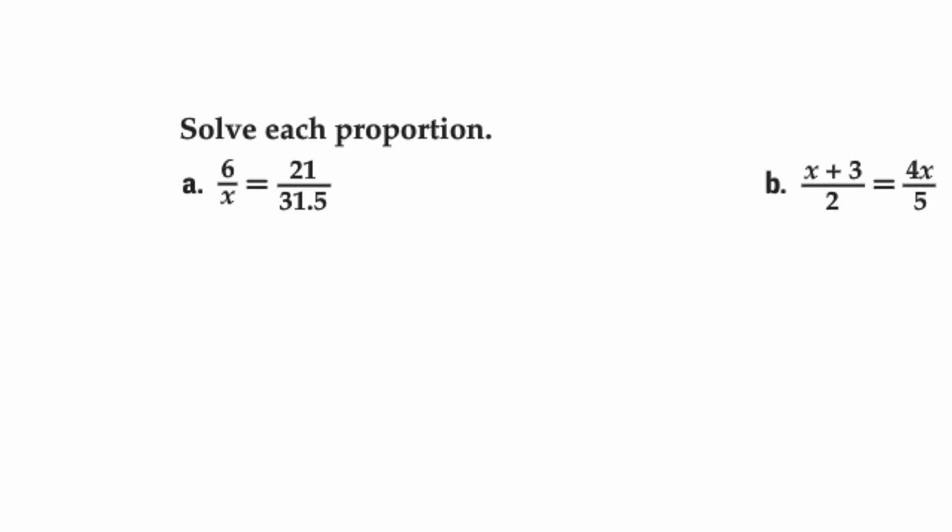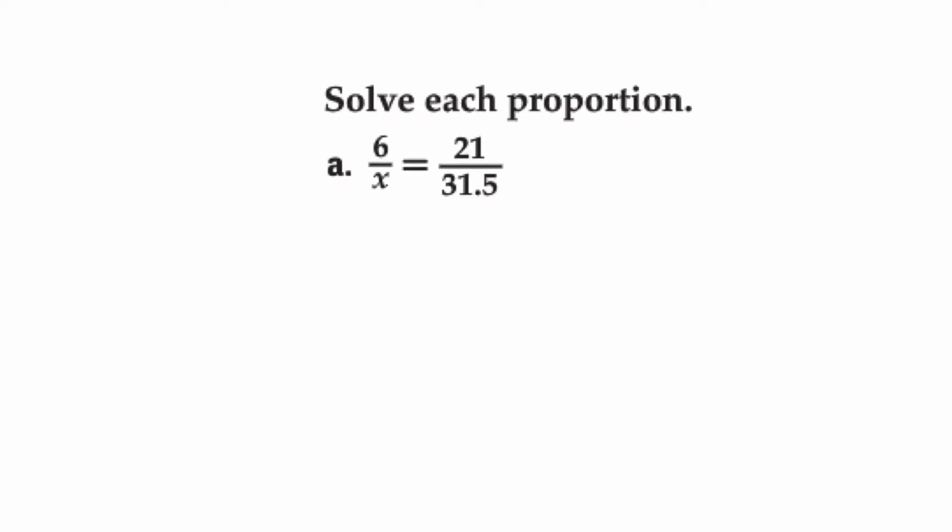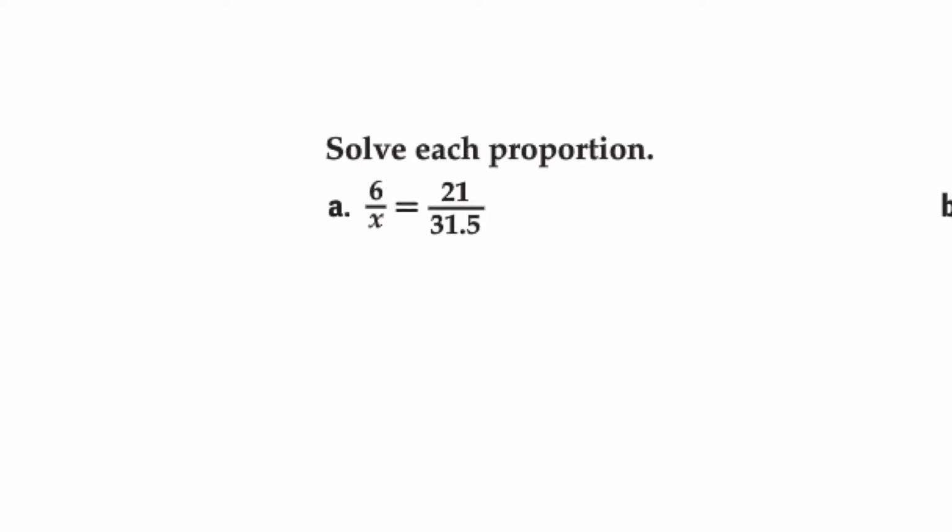So, over here on this one, I want to find the value of x. So what am I going to do? I'm going to cross multiply. Some teachers teach this like doing the butterfly method. So I'm going to multiply on this wing right here.